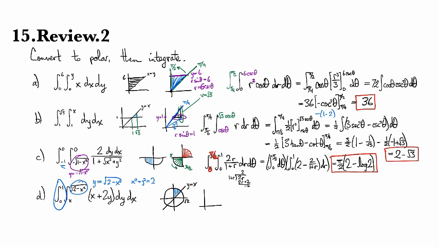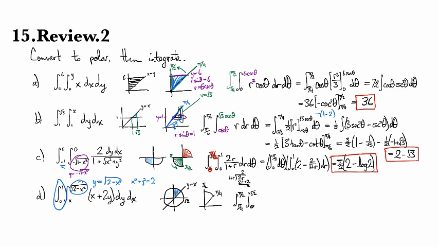Now setting up this region in polar, theta is apparently going from pi over 4 to pi over 2. And then we've got our radius going from 0 to root 2.